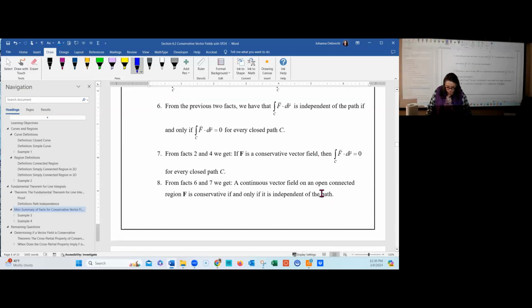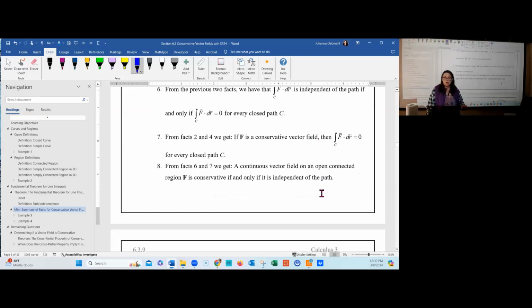On this particular problem, you're assuming continuous, open, and connected. Then you get conservative if and only if you have path independence. But if you have path independence and you have continuity, open, and connected, then it must be conservative.